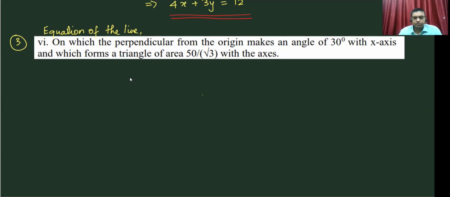Is that 30 to the power 0 or 30 degrees? 30 degrees. Which form will you use? The normal form. Very good.